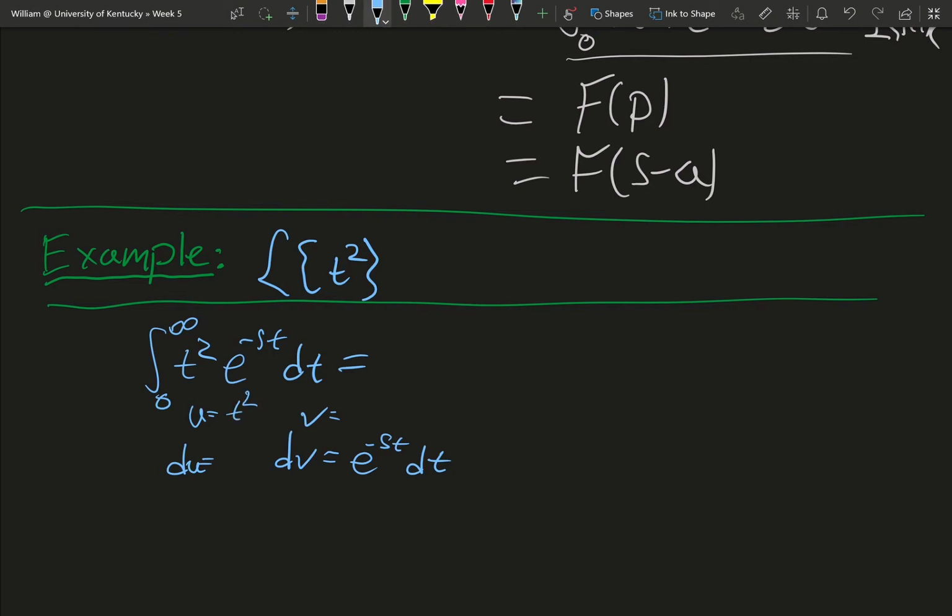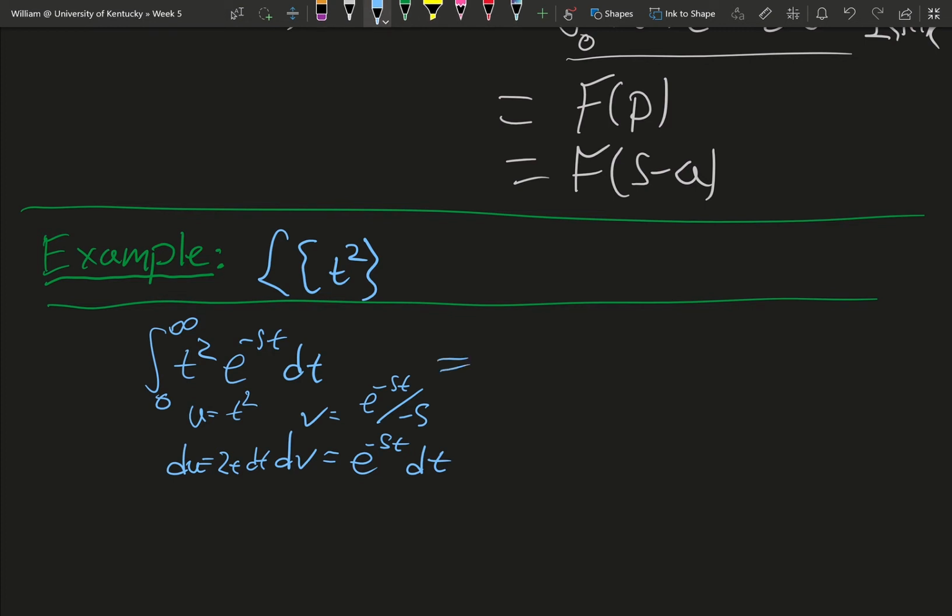So our u is t squared, our dv is e to the negative st dt. du is 2t dt and v is e to the negative st divided by negative s. So we'll write this.